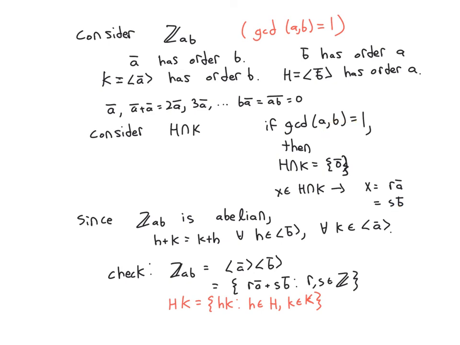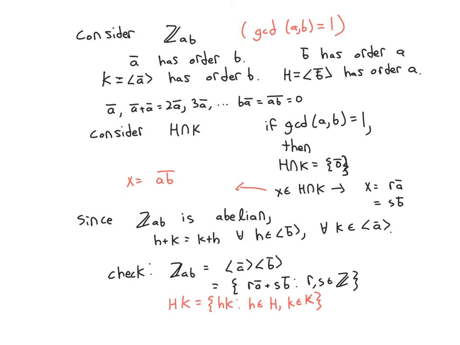But if A and B are relatively prime, that's not actually possible. The only thing that would be a multiple of both of them has to be a multiple of their least common multiple, and if A and B are relatively prime, their least common multiple is their product, which means x is actually AB itself. So this intersection is trivial.